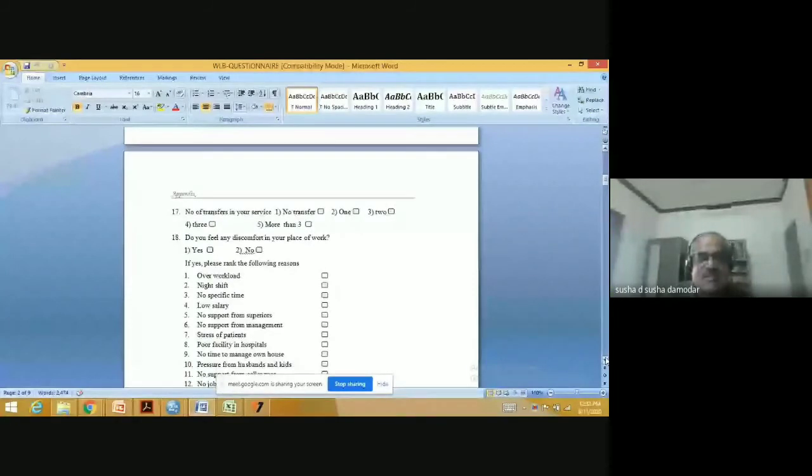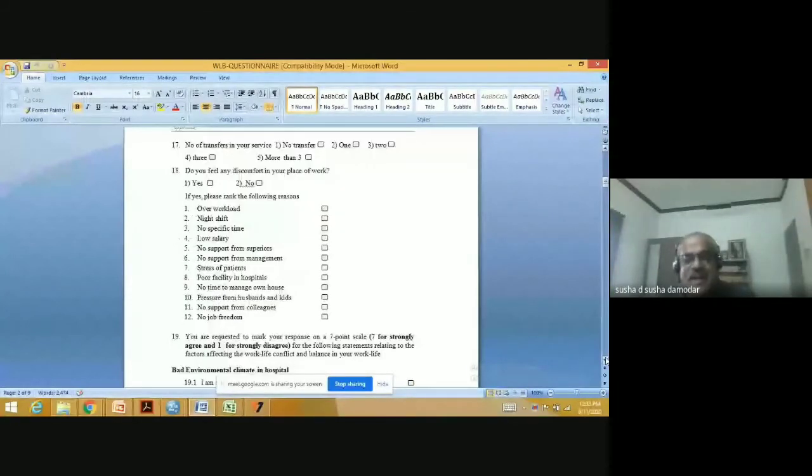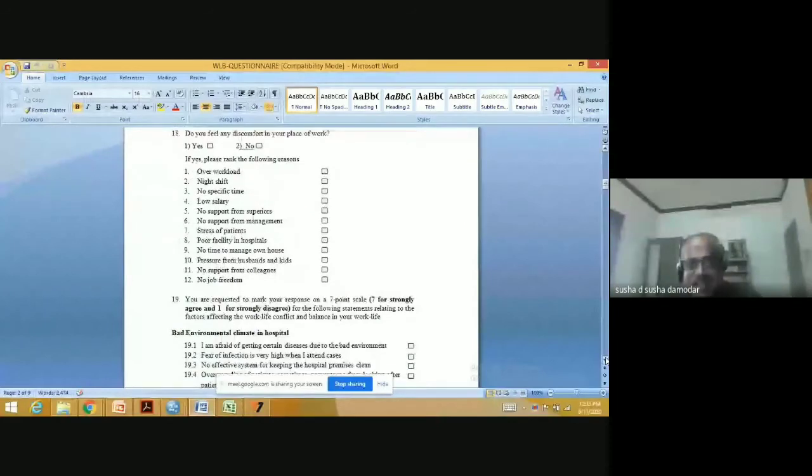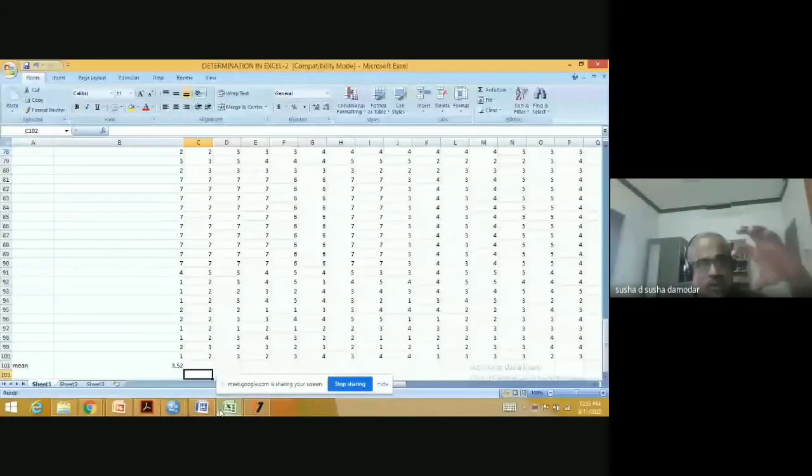What is the first statement? I am afraid of getting certain diseases due to the bad environment. Against that statement, we get responses from 100 respondents on a 7-point scale, 7 for strongly agree, 1 for strongly disagree. By using that information, we calculate the mean of the responses of the 100 respondents, 3.52.